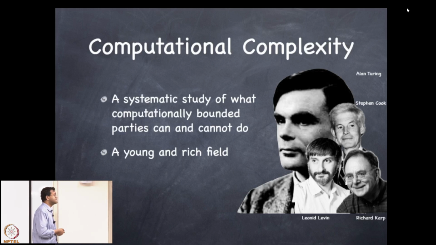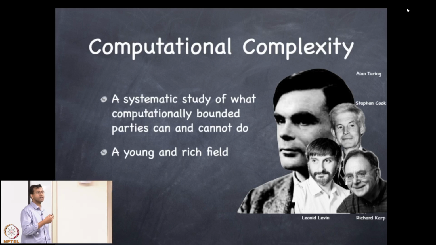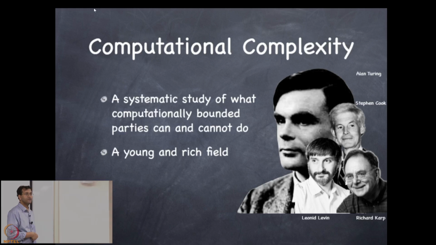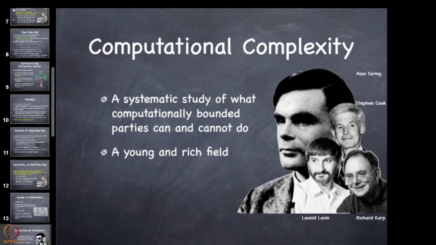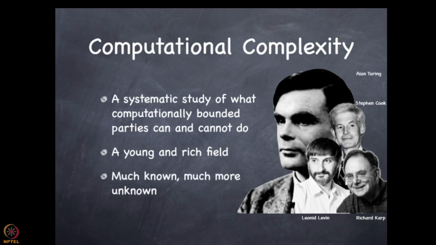But it was only in the 70s that we had notions like NP-hardness, or the complexity class NP. That all came out in the late 60s, early 70s. Cook, Karp, Levin, you would have heard of them as computer scientists who laid the foundations of complexity theory.